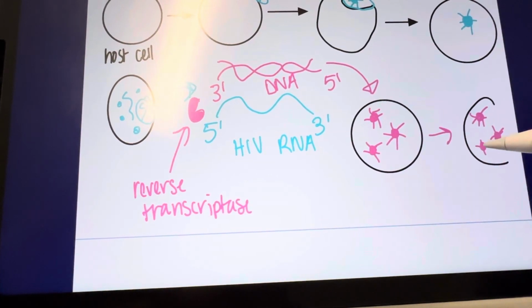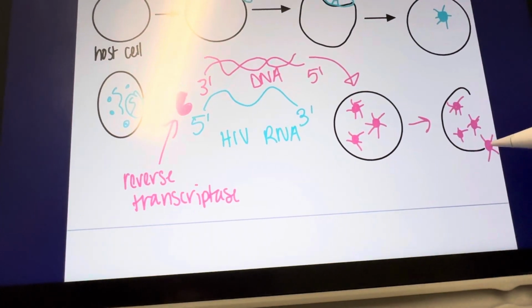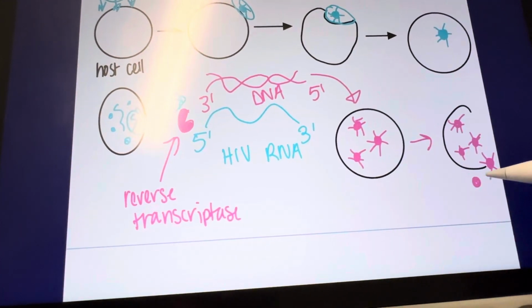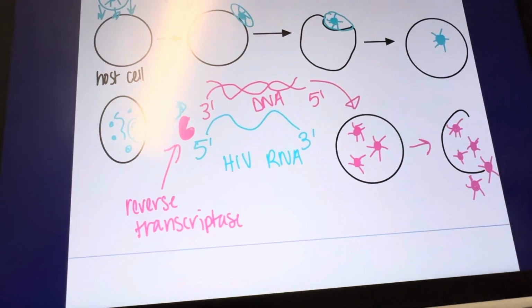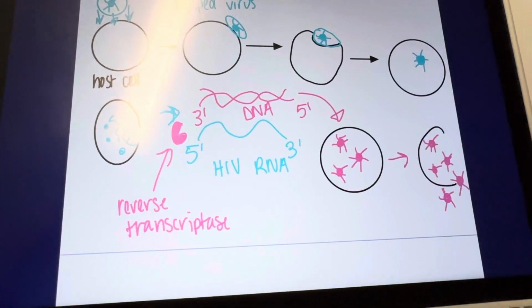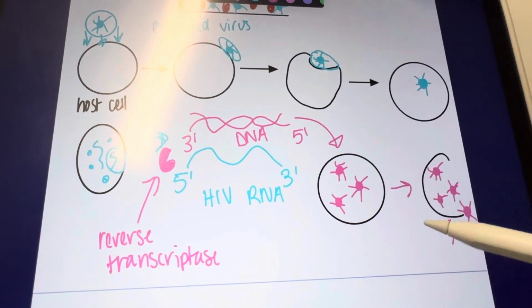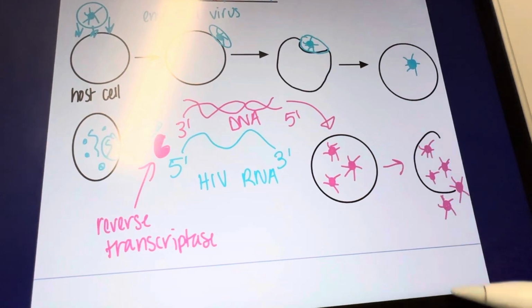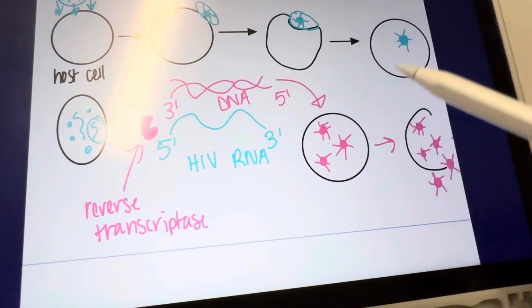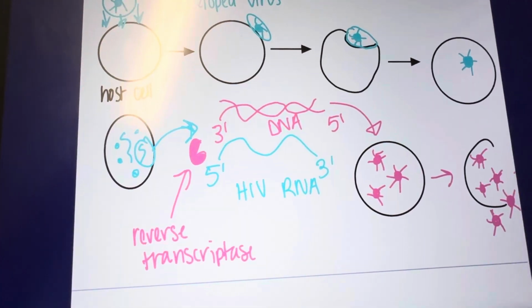And then these viruses go on to infect new cells, and this process just keeps taking place. And this is called the lytic cycle, the process of the viruses being active and replicating, making more until they explode out of the host cell, and then keep doing this process over and over again.